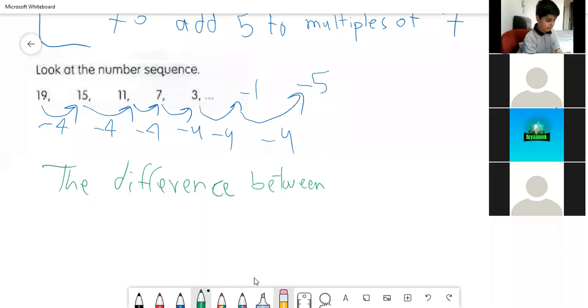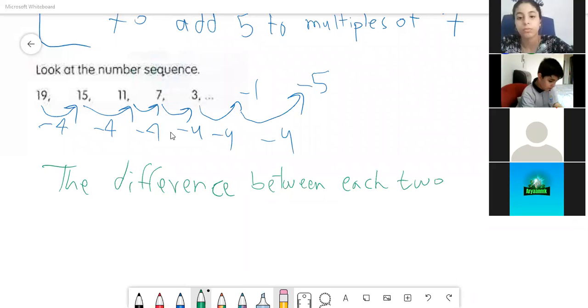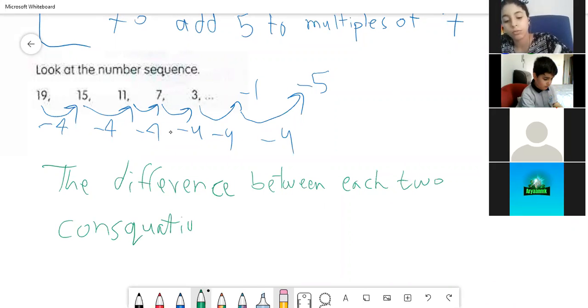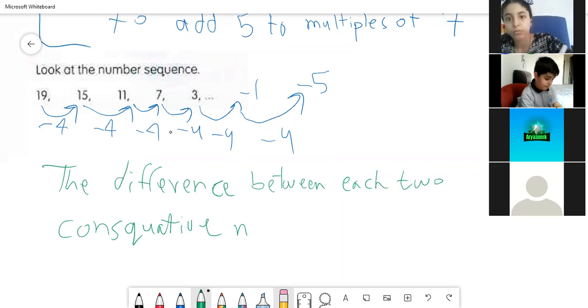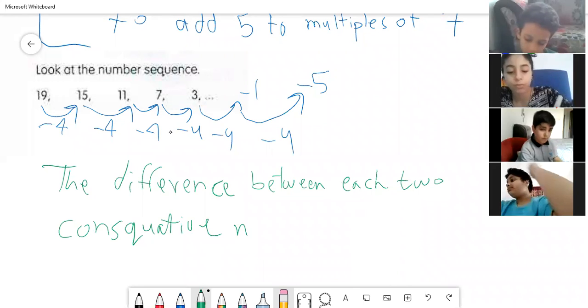Teacher, do we write in our notebook? Yes, right now, or if you don't want to right now, I'm going to share the screen, then you can write it later. Consecutive numbers means the number right after another number, okay?